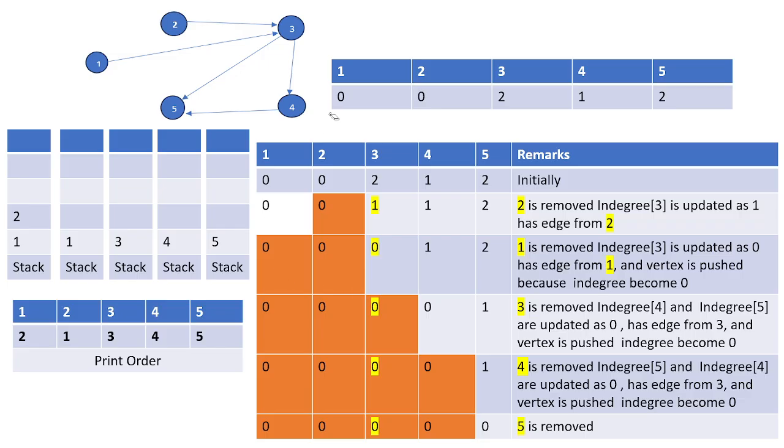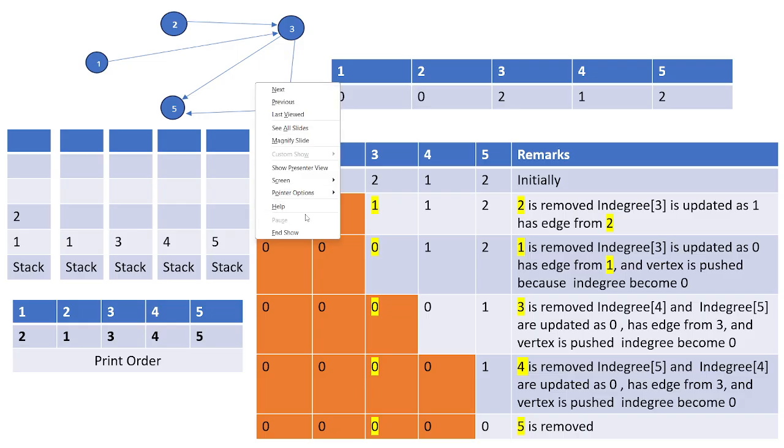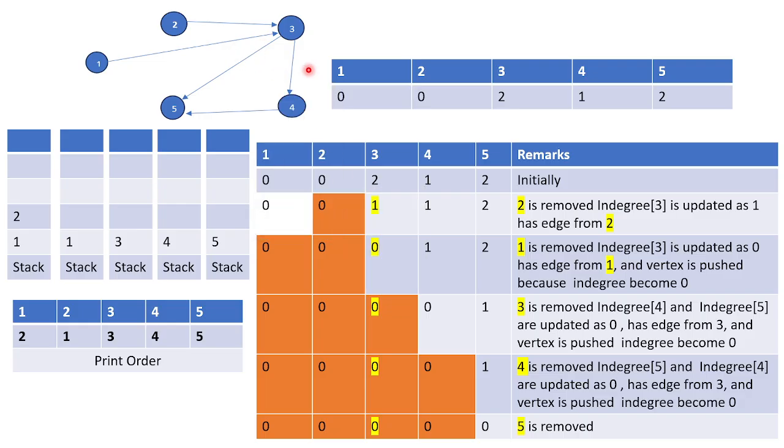Same thing is explained here. For this particular graph, this is the initial in-degree. After scanning this, vertices 1 and 2 have in-degree 0. At the top, 2 is there, and 2 is removed. After removing 2, this is the stack content. So update the in-degree table. Because there is an edge from 2 to 3, subtract it.